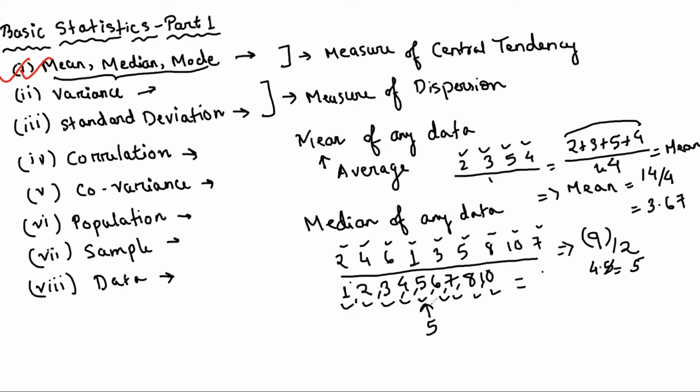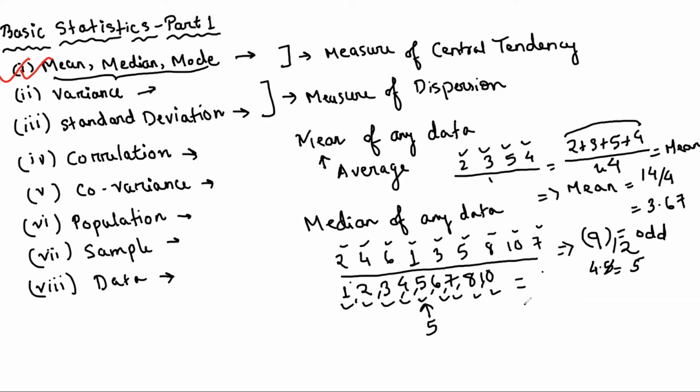So this is median. Okay, so now if there are even numbers, so this is odd, right? The total number of observations is odd, 9. In this case, let's say there is an even number of observations.